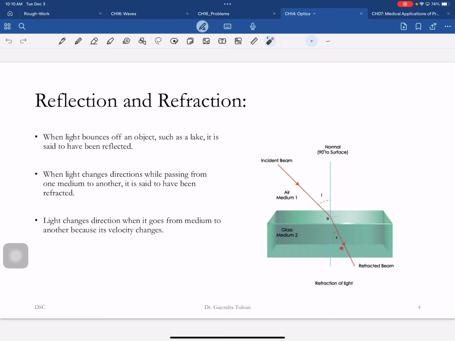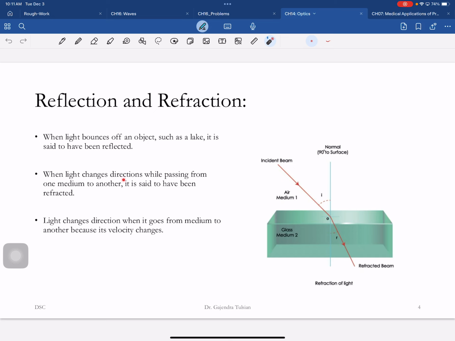It will bend if its speed changes in this new medium. If the speed in the new medium were the same, then it would travel in a straight line. So if the speed doesn't change, it won't bend. Any wave, when it bends, is bending because its speed changes.